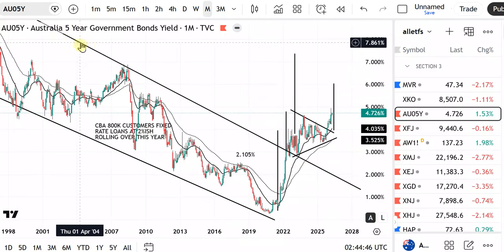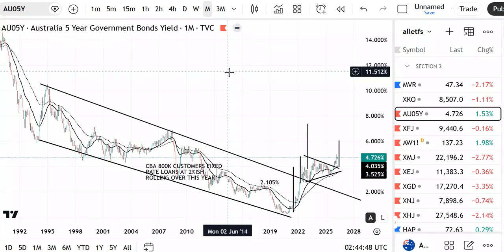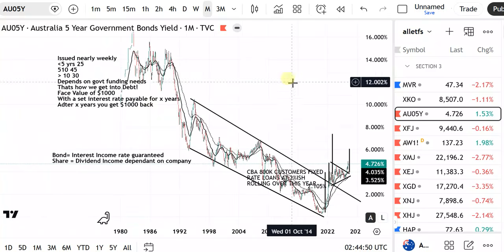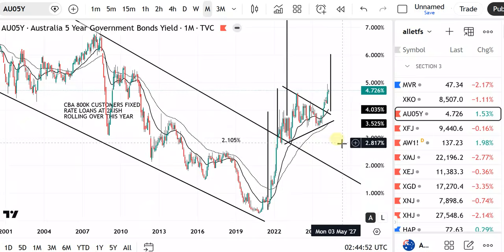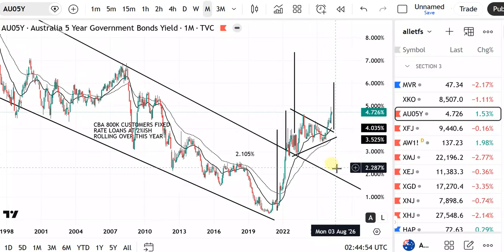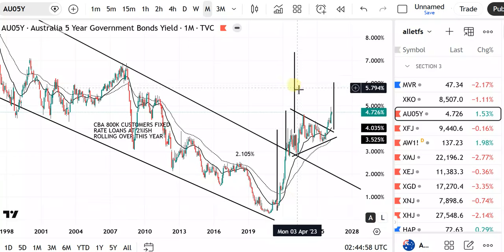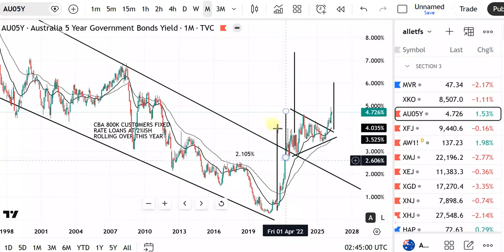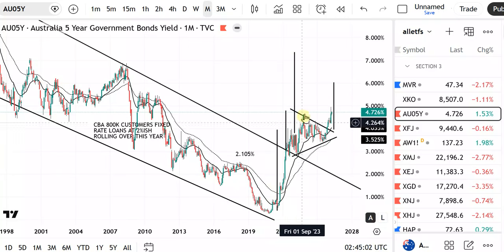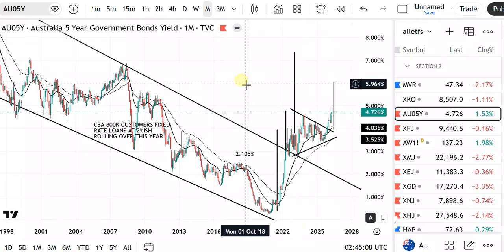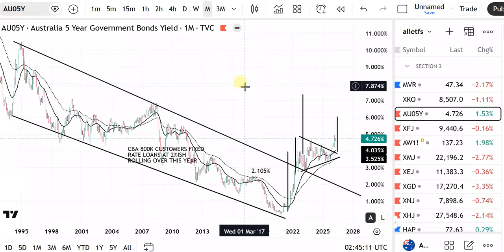So this is Australian 5-year government bond yields. You can see we've now broken out, so we're in a rising interest rate environment now. And I've got a flagpole, or a length of the little wedge here. So a couple of targets in this 6 to 7% range.